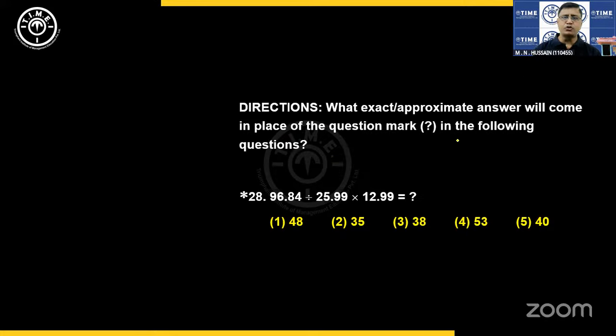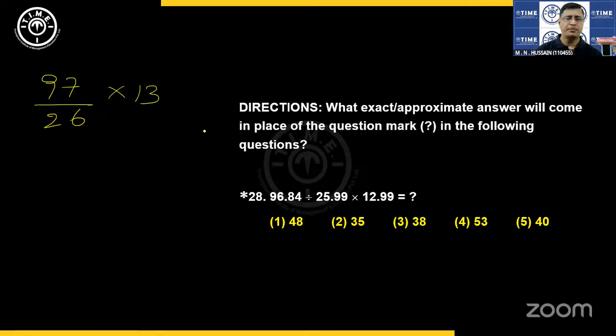What exact or approximate answer will come in place of question mark? So approximately, 96.8 means it is 97, divided by 26, into 12.99, that is 13.